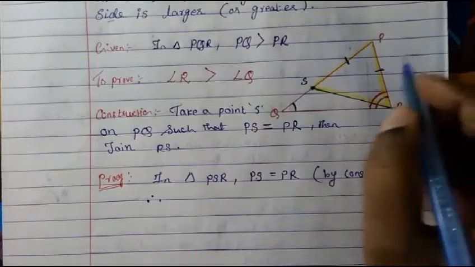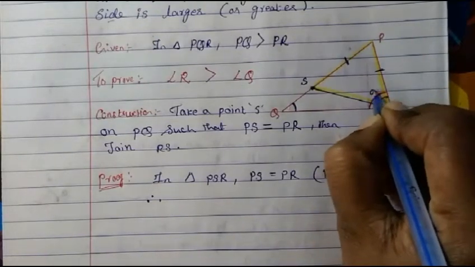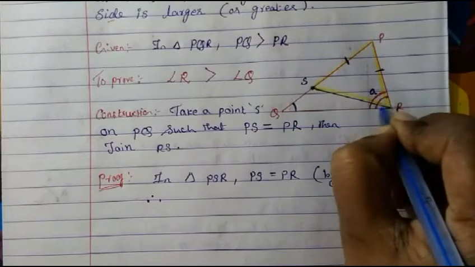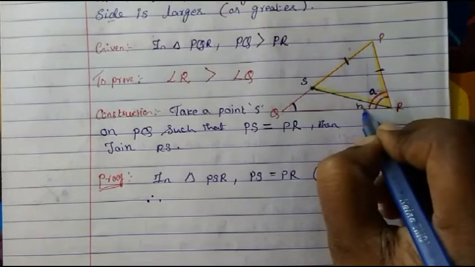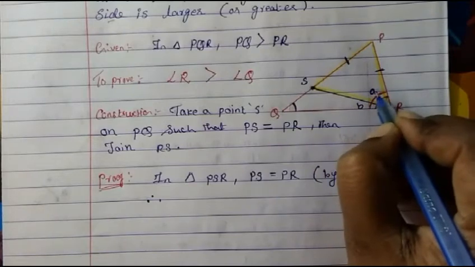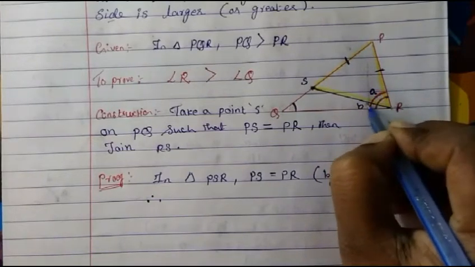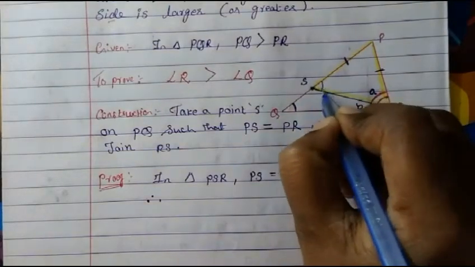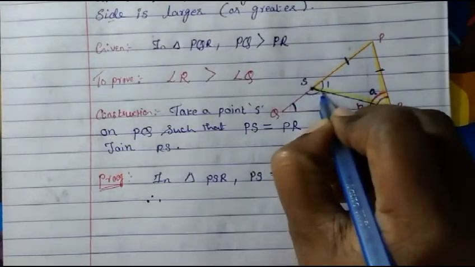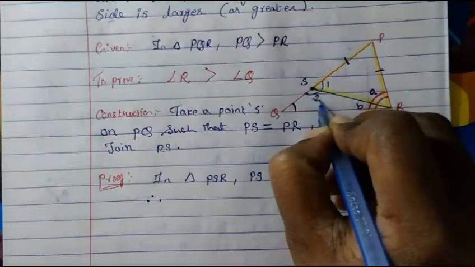Let's name this angle A and this angle B. Whatever may be the measure, these are the measurements of these angles. And let's name this angle 1 and this angle 2.